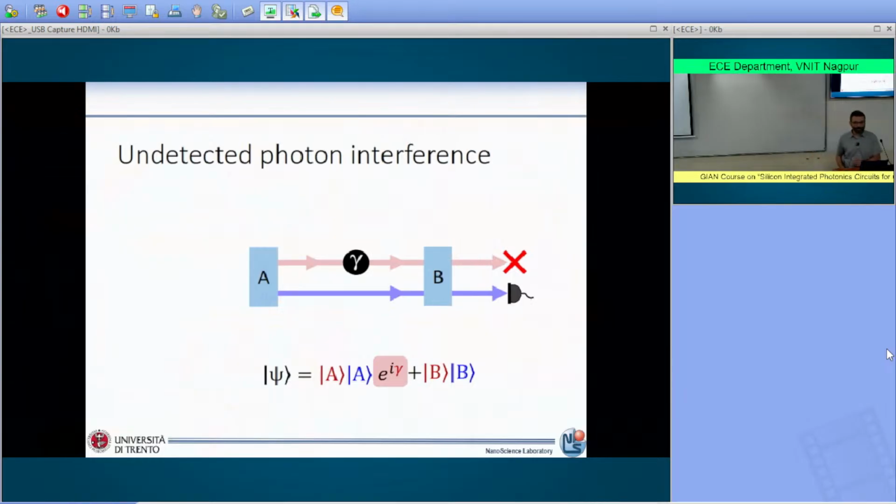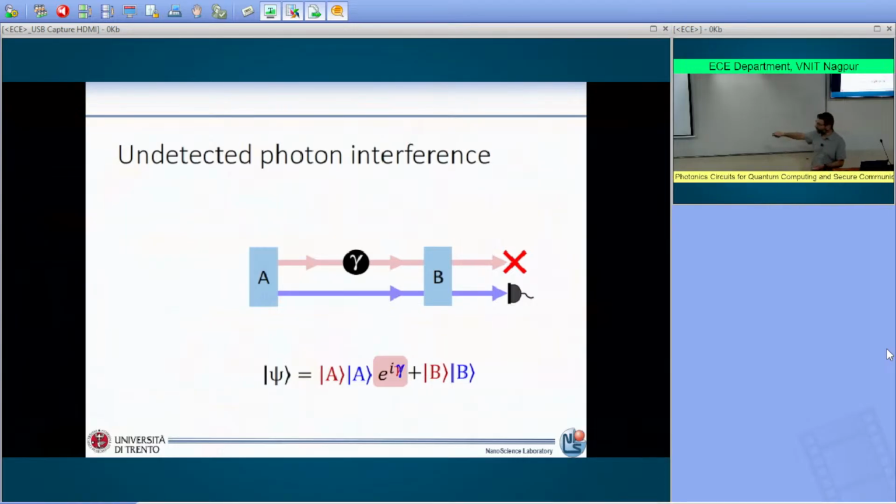But now what do we do? Instead of measuring this photon here, we are measuring the other photons. But we are doing these measurements by using entangled photon pairs, meaning that those photons are entangled. So the phase shift suffered by the photon moving along this path is transferred, in the measurements, through a quantum interference effect, to the photon traveling on this other path.